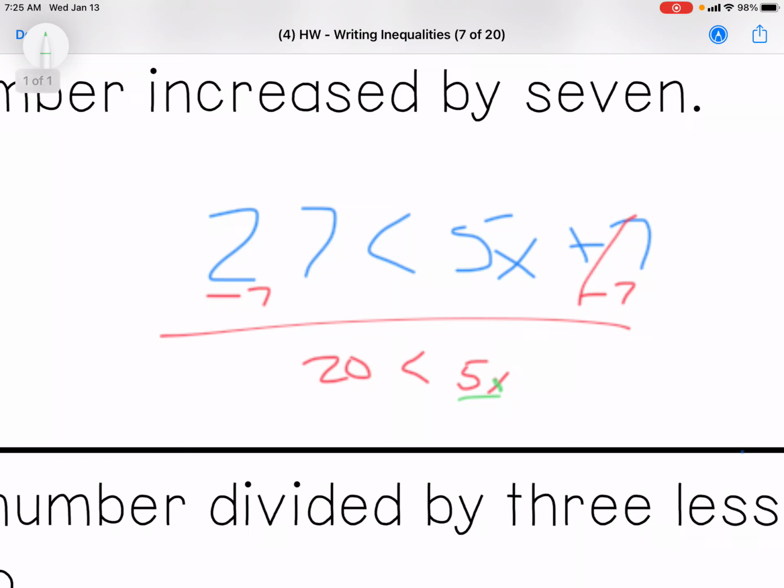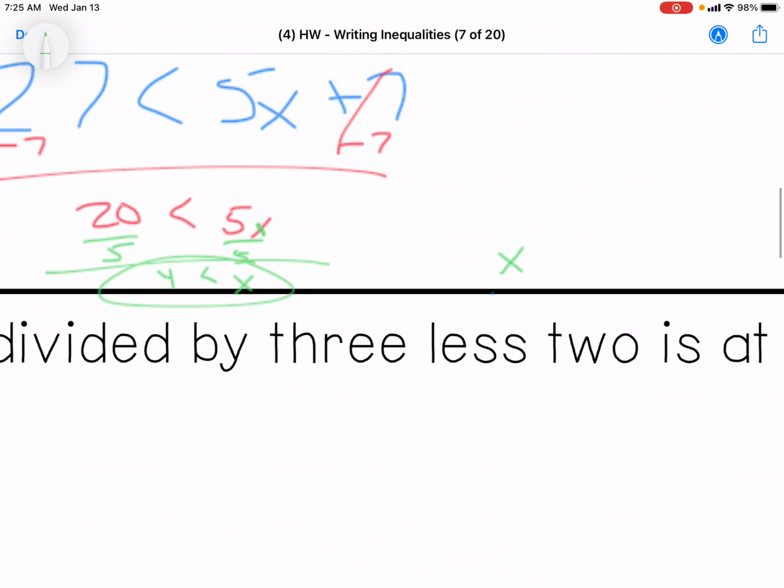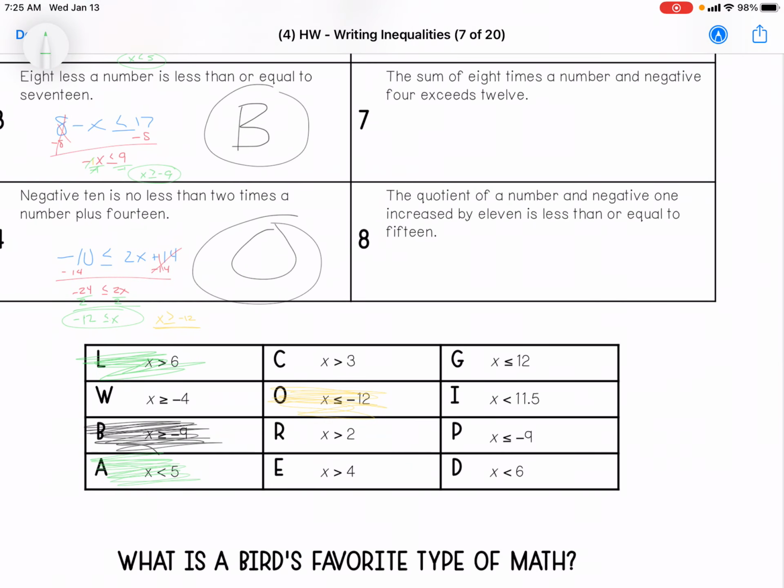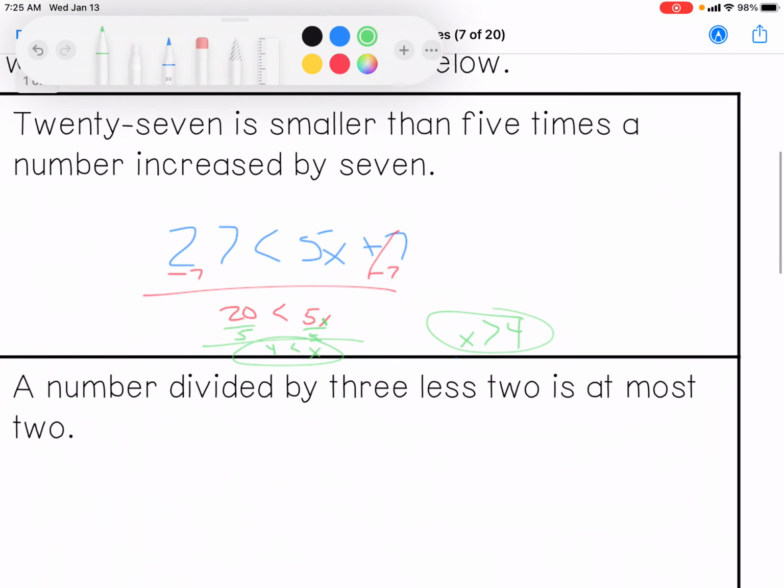That was X, by the way. X is greater than 4. You can also write that as that. Same thing. All right, go down here to the bottom. X is greater than 4. I believe that is E. Go back up.